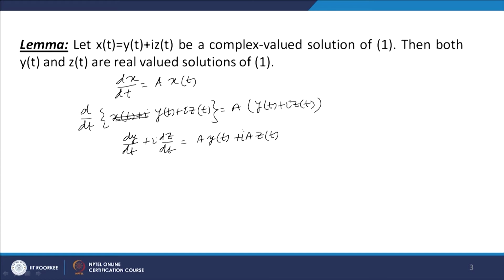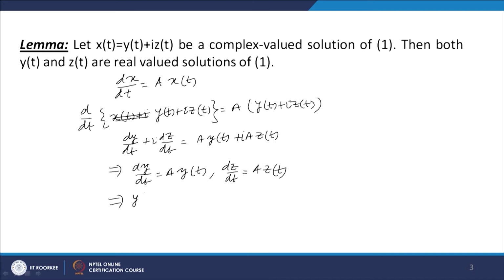Now, equating real and imaginary parts on both sides, we get dy over dt equal to A y of t and dz by dt equal to A z of t, and these two equations tell us that y of t is a solution of dx by dt equal to Ax and z of t is a solution of dx by dt equal to Ax.